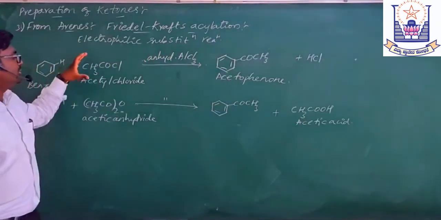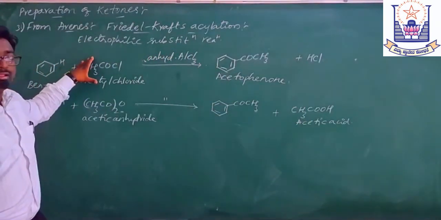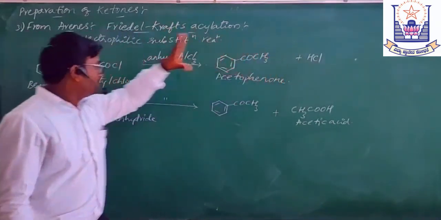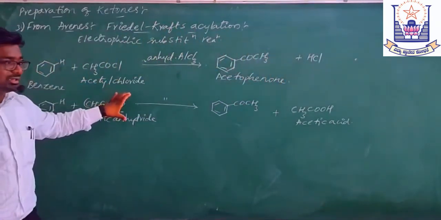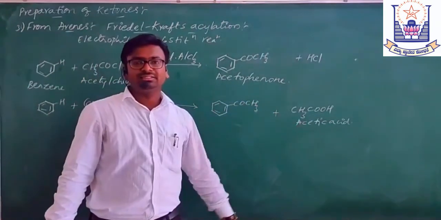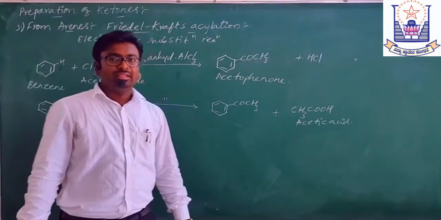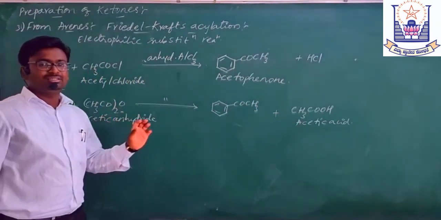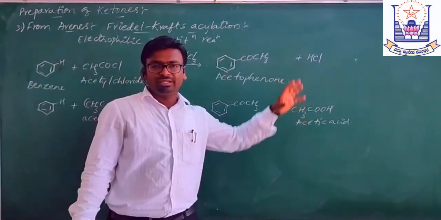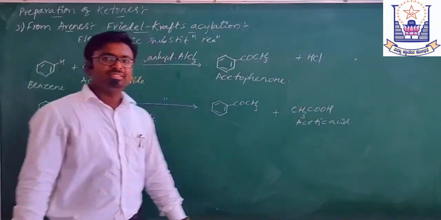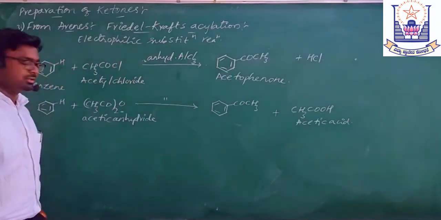When benzene is treated with acetyl chloride, you get HCl as byproduct. When benzene is treated with acetic anhydride, you get acetic acid as a byproduct.